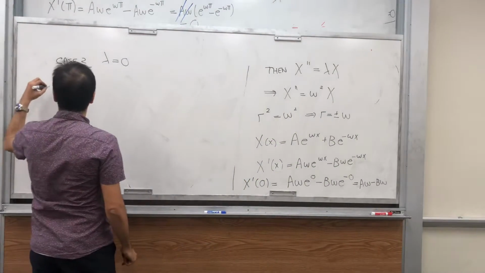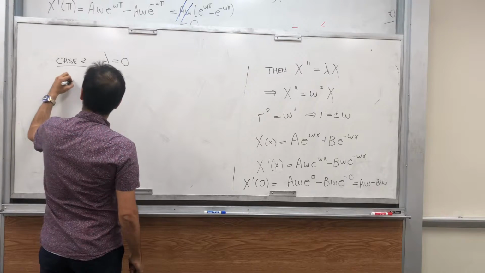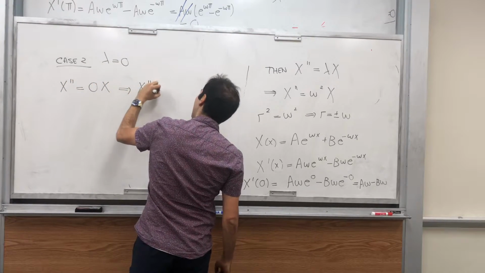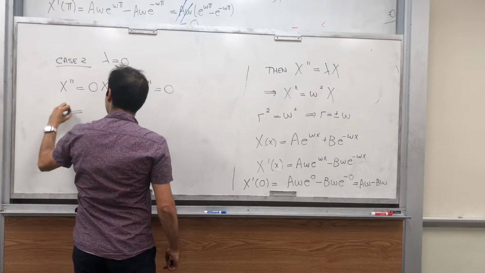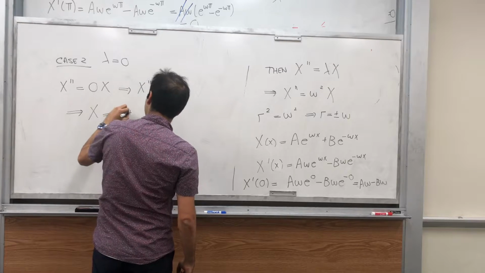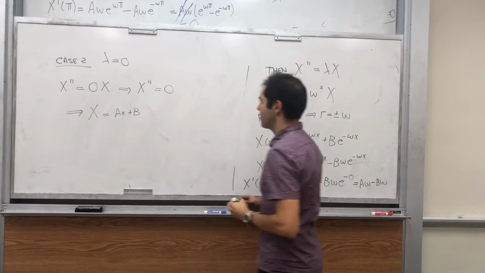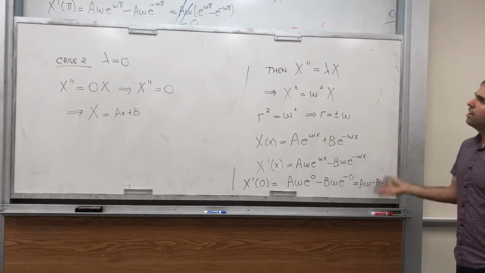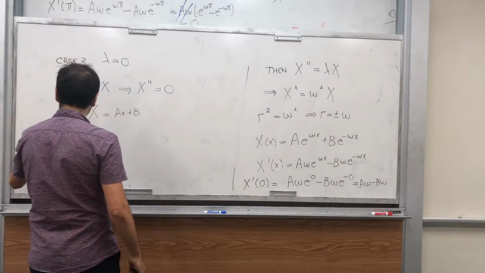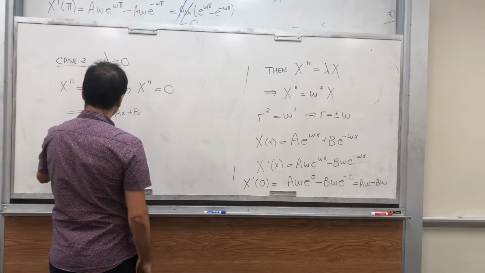Okay, so lambda equals 0, then our equation becomes x double prime equals 0 times x. So x double prime equals 0. So x, in some sense, is just a linear function, a x plus b. And then you just need to calculate x prime. So x prime of x just becomes a.